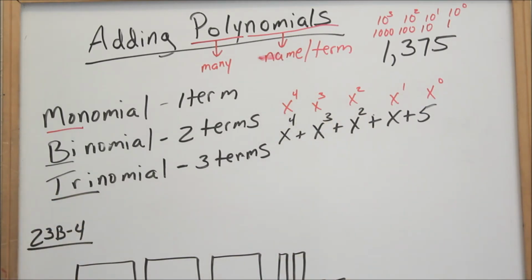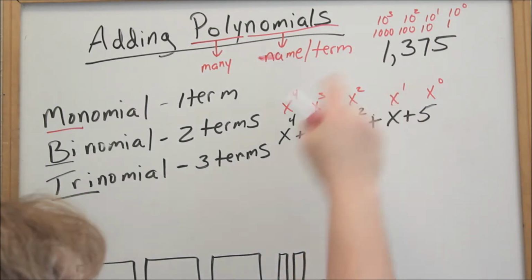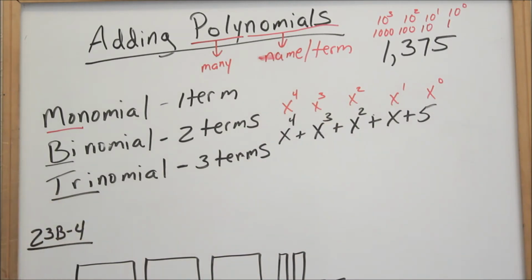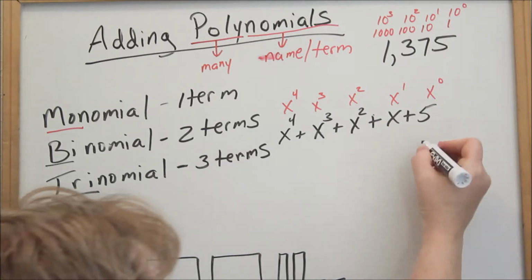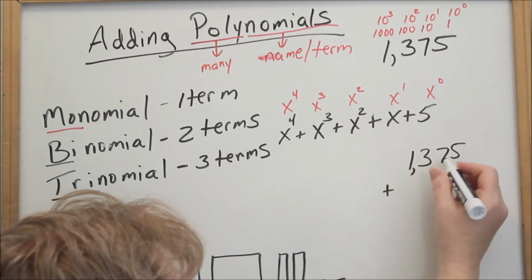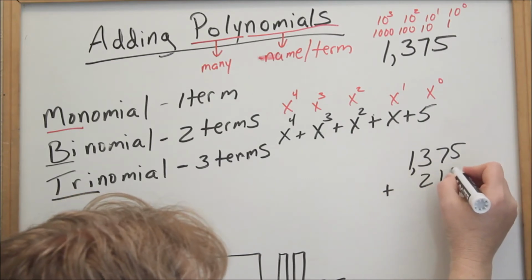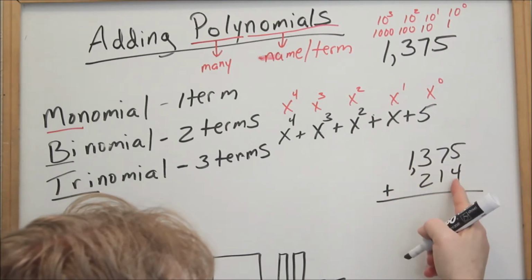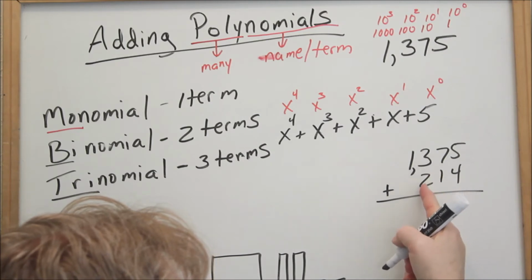So here, when you have a number, 1,375, you want to add another number to it. Let's say I'm going to take 1,375, and I'm going to add 214 to it. Well, I lined my ones up, I lined my tens, I lined my 100s.